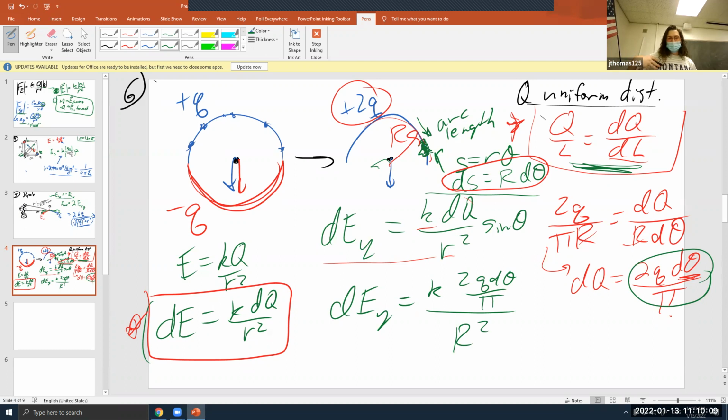Big R, as far as I use it, will always be a constant value. Little r will be a variable. Great. And then we have sine of theta. So again, constant, constant, constant, constant. Our only variable is theta, which is great. We're going to integrate with respect to theta anyway. Let's go ahead and do the integration.